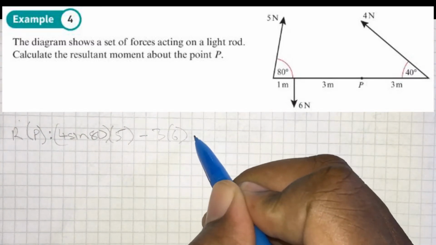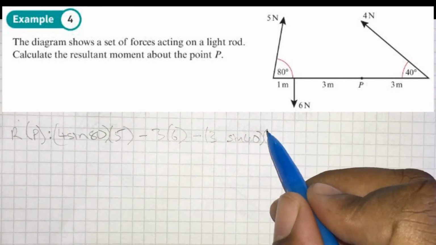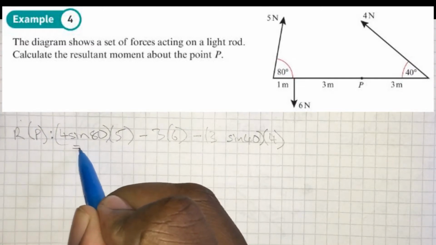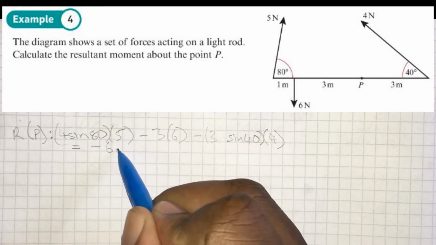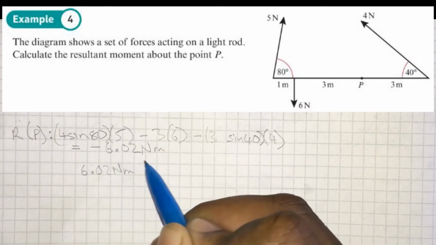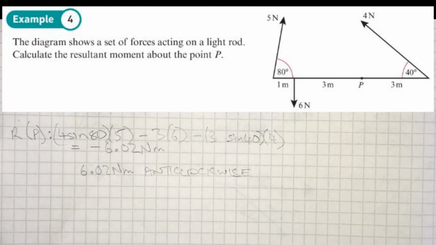The other two forces are going to be anti-clockwise. We've got an easy one here, 3 times 6, and we've got the perpendicular on the 4 Newton force, which will give us 3 sine 40 multiplied by the force. Resolving this, just punch it into the calculator. I'll get negative 6.02. Negative means we're going anti-clockwise. 6.02 anti-clockwise.